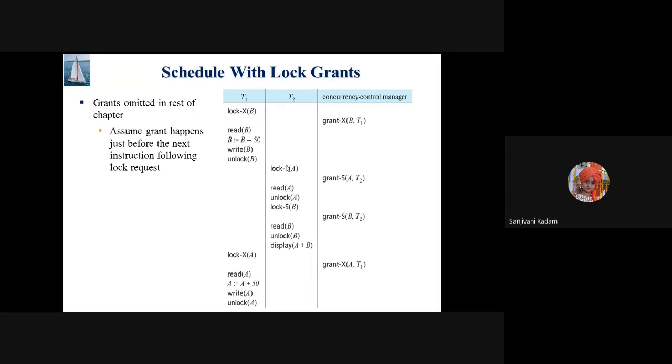Then the transaction has lock S of A, read A, lock S of B, and read B. Up to this point my growing phase is there, meaning the transaction is requesting locks, and whenever unlock requests are there, from that point there is a shrinking phase. So this is a schedule.